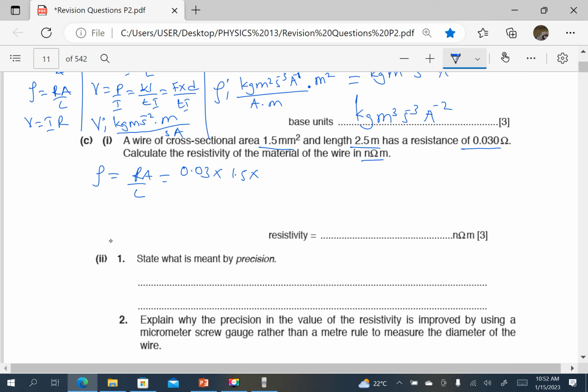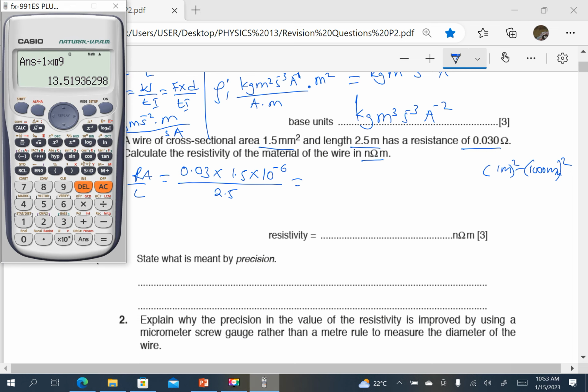I change it to meters squared, so this will be times 10 to the power negative 6, because 1 meter is 1000 millimeters, and squared that is 1 times 10 to the power 6. So moving from millimeters, it is times 10 to the power negative 6. Divide by the length L, which is 2.5.